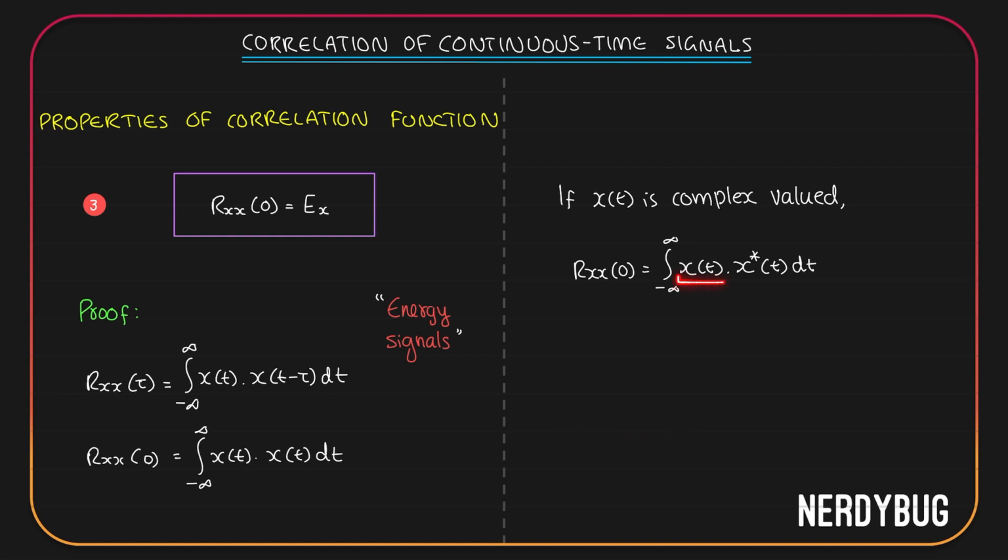Over here, we are taking the product of x of t and its conjugate. So the product will be the square of magnitude of x of t. So we can write integral from minus infinity to infinity, square of magnitude of x of t dt. But what is this? This is how we defined the energy of a signal x of t. So this is equal to Ex.